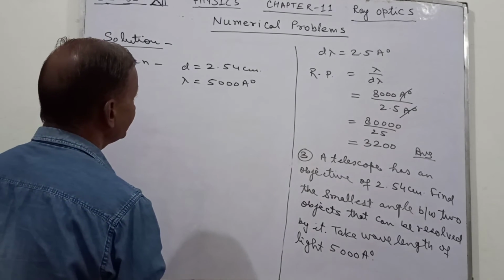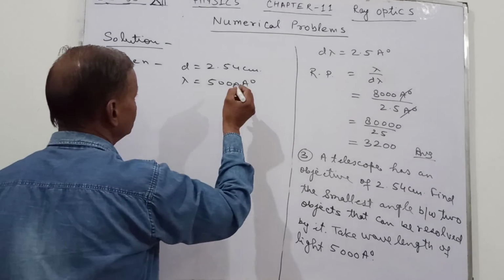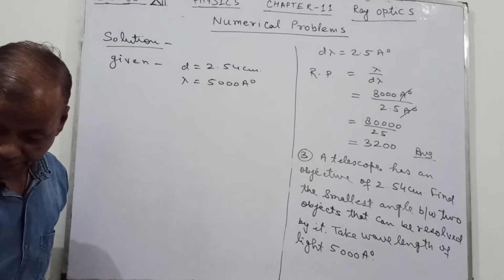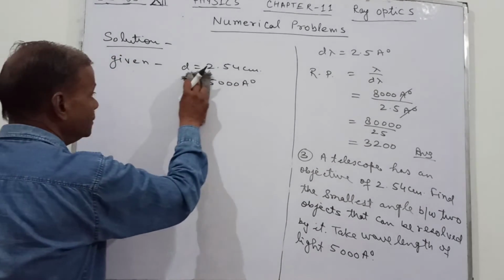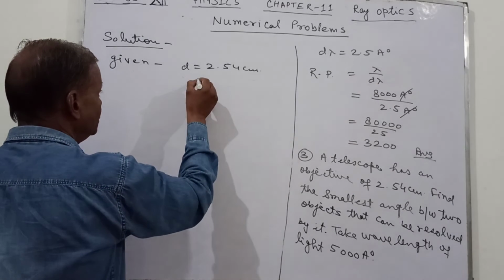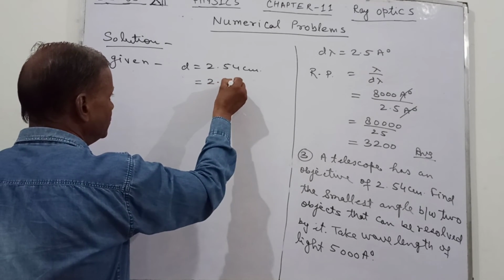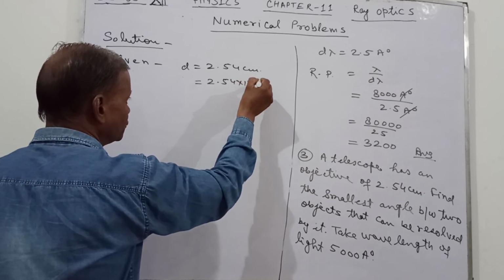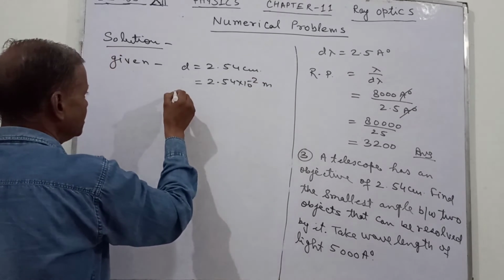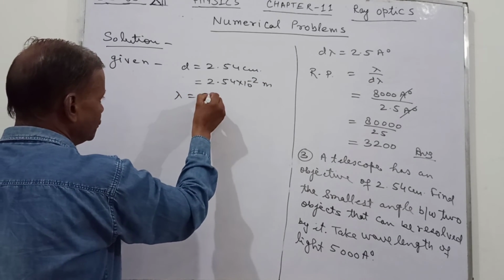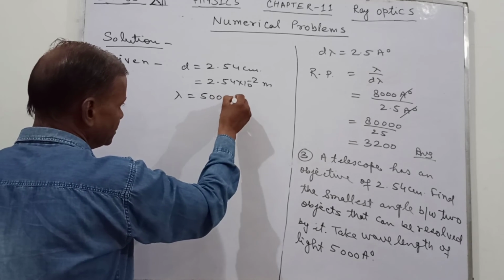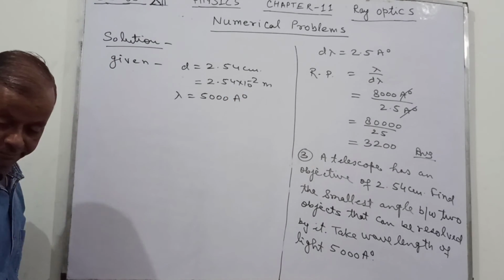So this I write as 2.54 into 10 raised to the power minus 2 meter. Lambda is equal to 5000 angstrom.